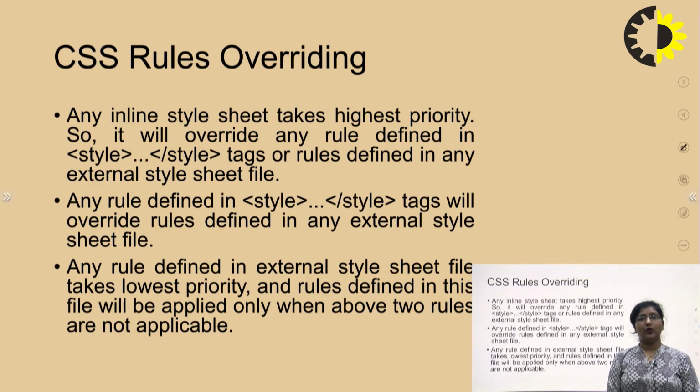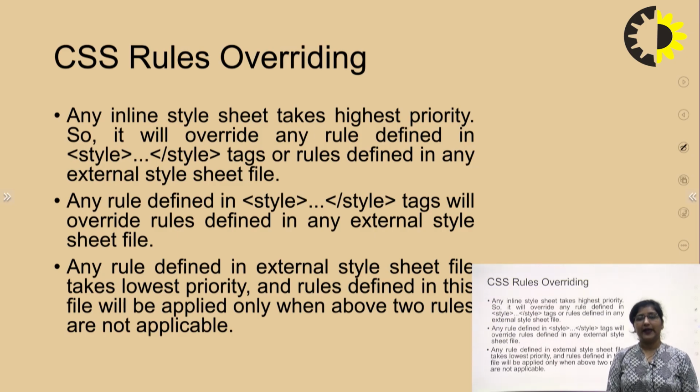It will override any rule defined in the style tag or rules defined in any external style sheet file. Any rule defined in the style tag will override those defined in any external style sheet. That means inline will have more priority.